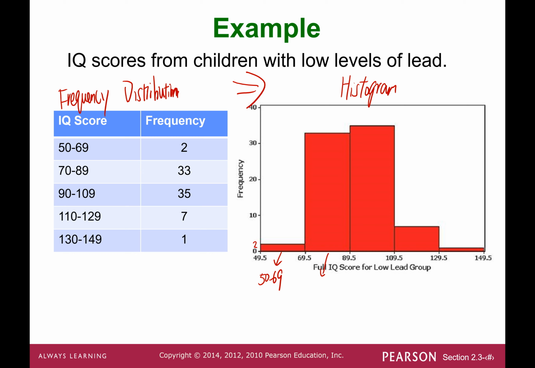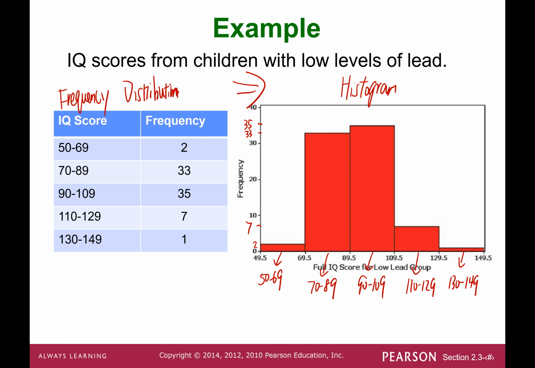The second class is from 70 to 89 with a frequency of 33. The third class is from 90 to 109 and the frequency is 35. The fourth class is 110 to 129, with a frequency of 7. And the last class is from 130 to 149, and the frequency is just 1.